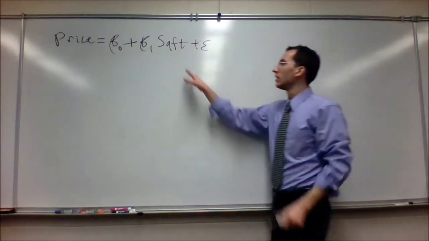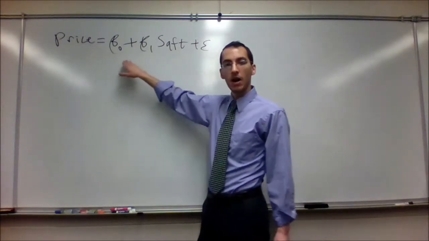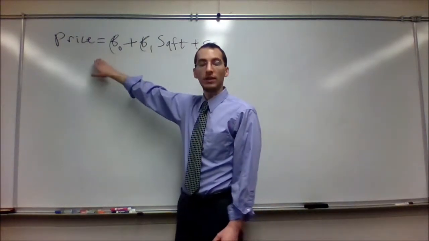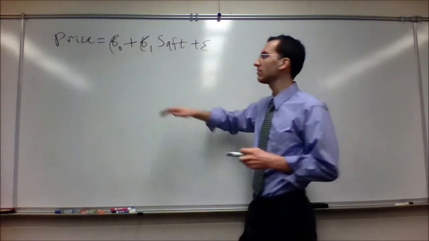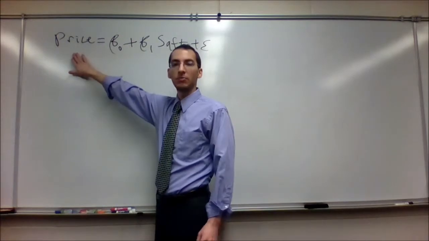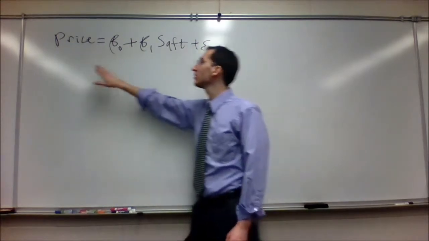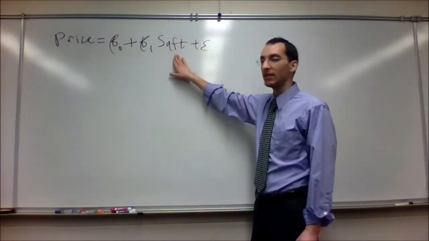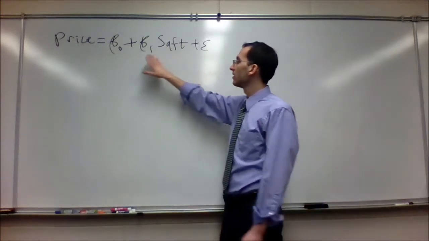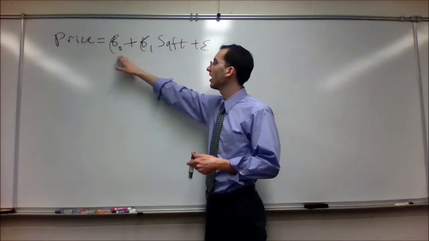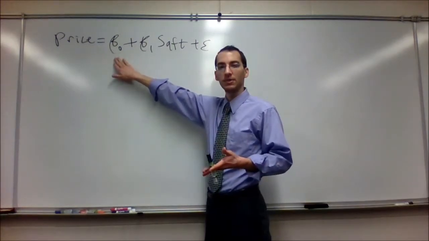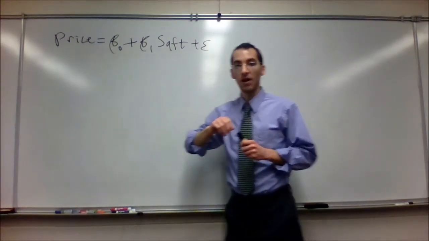And as you can see, I've written out the theoretical model for what is becoming our housing data, our housing situation. So I want to predict the price of houses using square feet. And square feet, as you see, has its slope coefficient, which we learned about last week, and my model has an intercept coefficient as well.